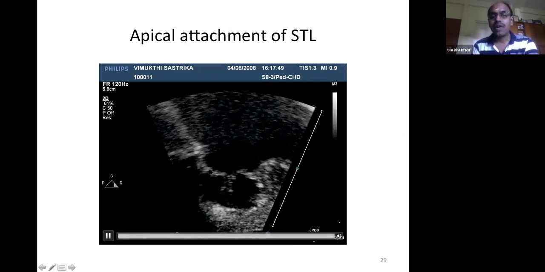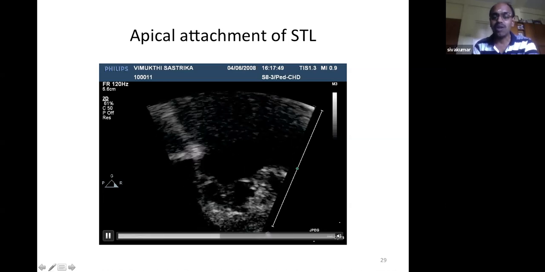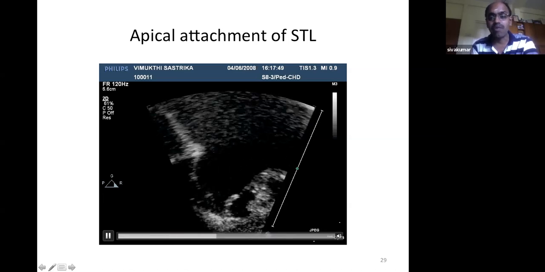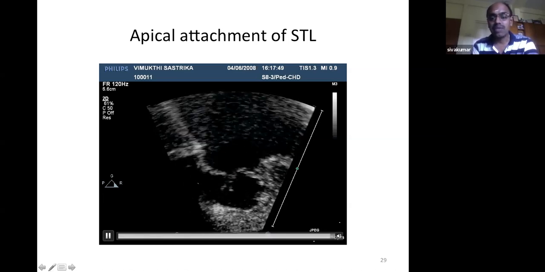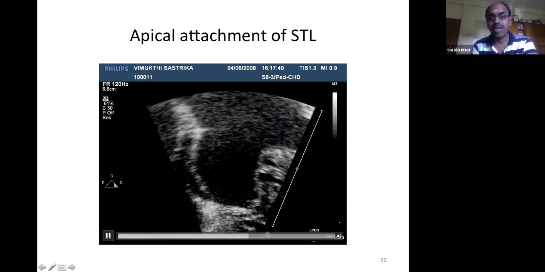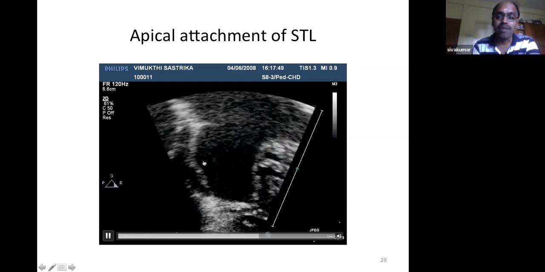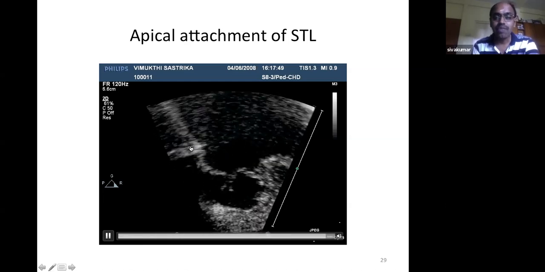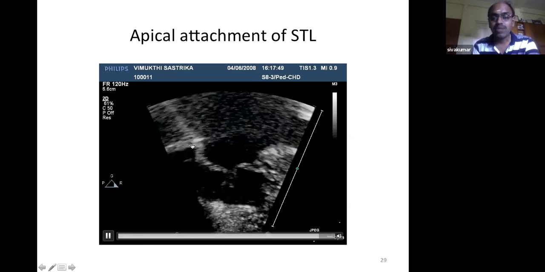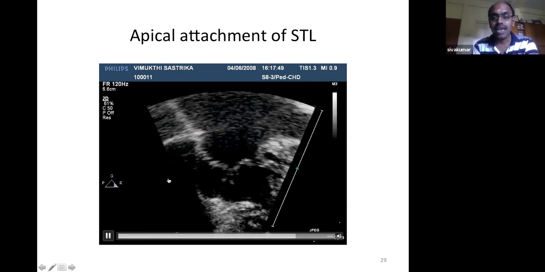The tricuspid valve will have a septal leaflet and an anterior leaflet that will be visible when you are viewing from the apical four-chamber view. So the septal and the anterior tricuspid leaflet will form the tricuspid annulus. And always the tricuspid valve will have an annular attachment which is apical. So the membranous portion of the ventricular septum will be between the LV and the LA.